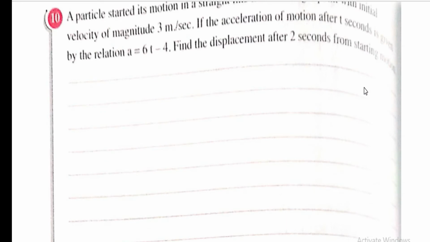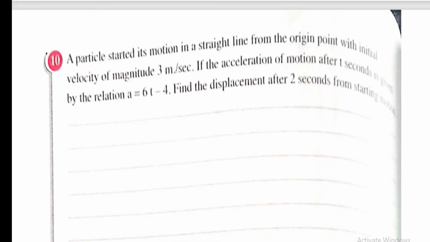A particle started its motion in a straight line from the origin point with initial velocity v0 3 meter per second.